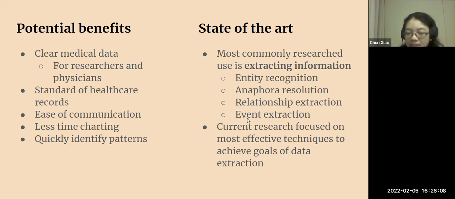And lastly is event extraction, which means that it can understand that something has happened while reading a paragraph or a sentence. It can identify events that are most important and most relevant to what a patient has, what a patient's state is currently, and what event was the catalyst for certain things happening, stuff like that.